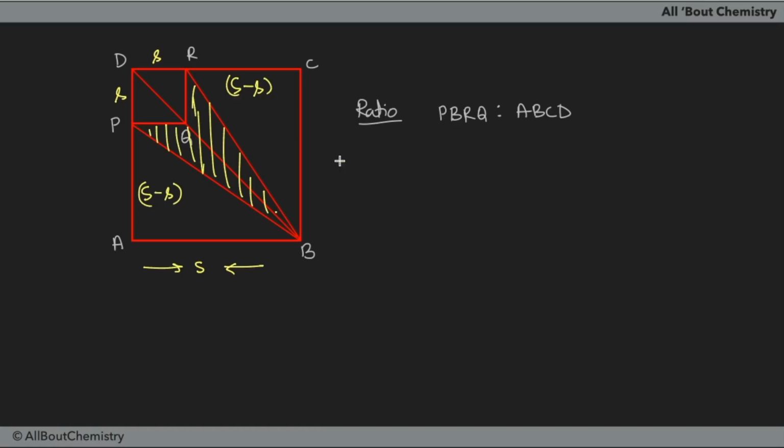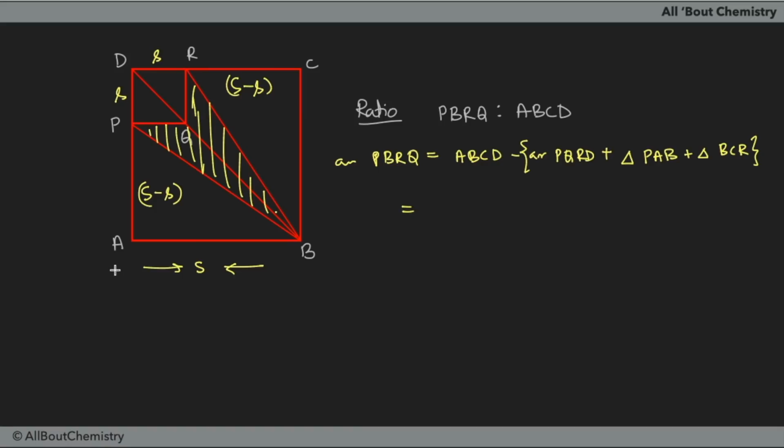So the area of PBRQ, the shaded part, is going to be the total area, that means area of ABCD, minus the area of this part, that is PQRD, plus the triangles. Okay, so triangle PAB and triangle PBC. Now you have to put the values.